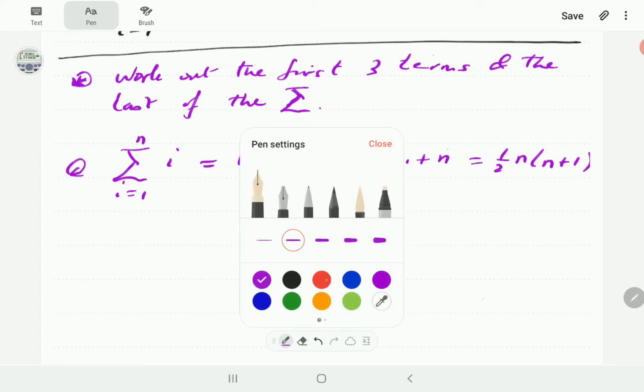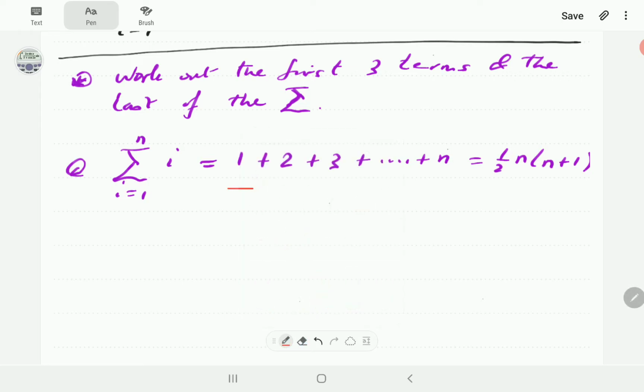So basically this is the sum of the first n integers, let's say the first n natural numbers.